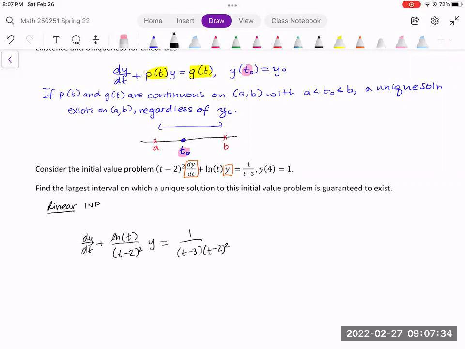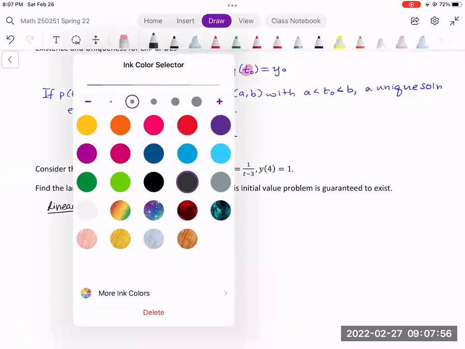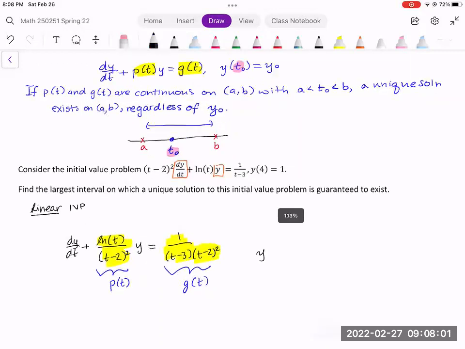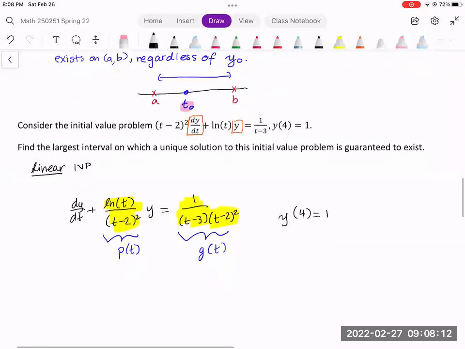Okay. And so now these coefficient functions, p(t) and g(t), we can identify. What we're going to do is figure out everywhere where these functions are defined, and we're going to also look for where they're continuous. So for this type of function, where it's defined and where it's continuous, agree. Here we know y(4) is equal to 1. Okay.